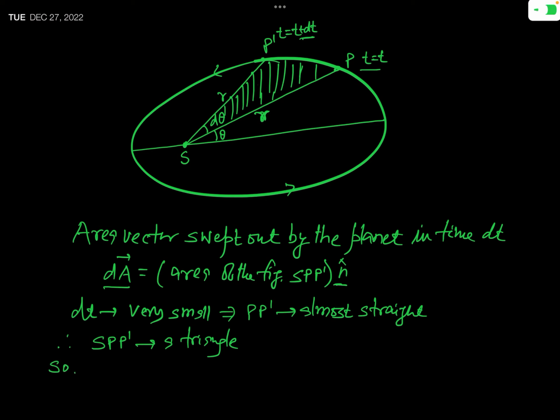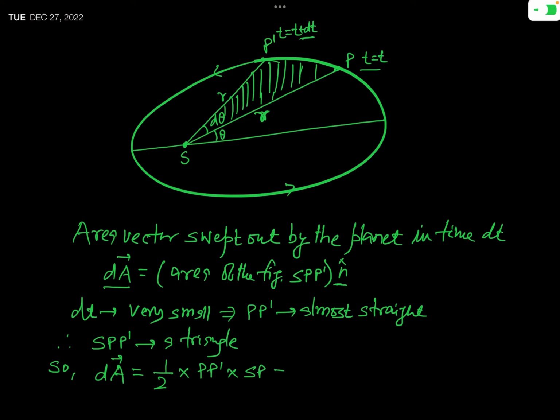And so, if you want to find the area vector dA, you have to find the area vector of this triangle SPP dashed. And what will that be? That will be one by two base times height. Base is PP dashed and height will be simply SP or SP dashed.